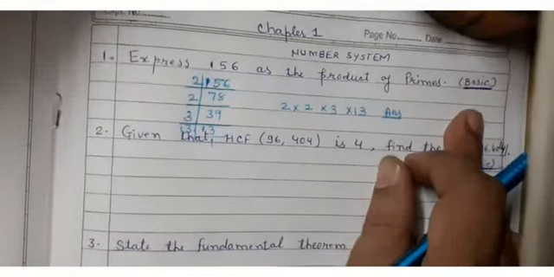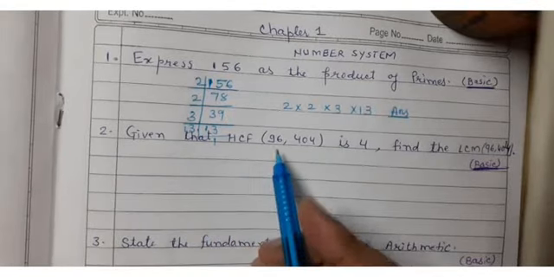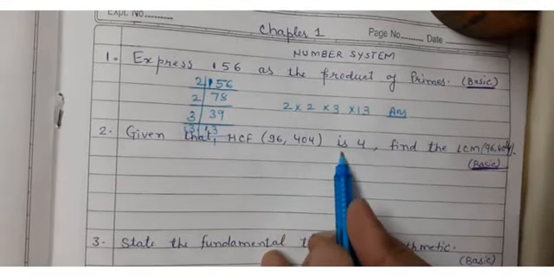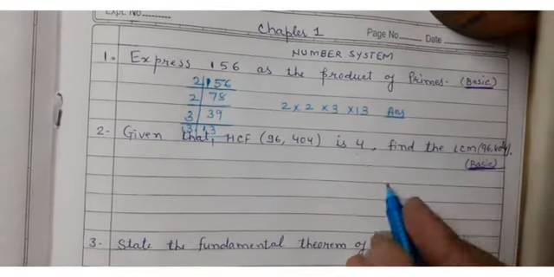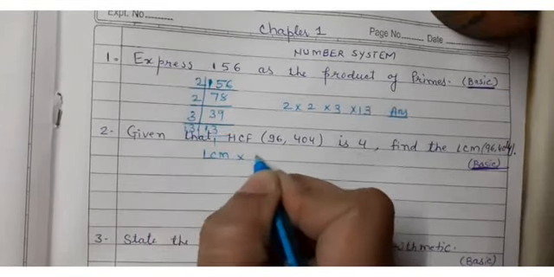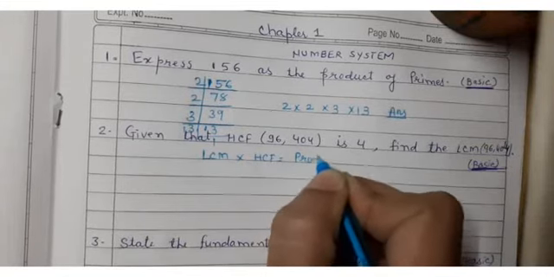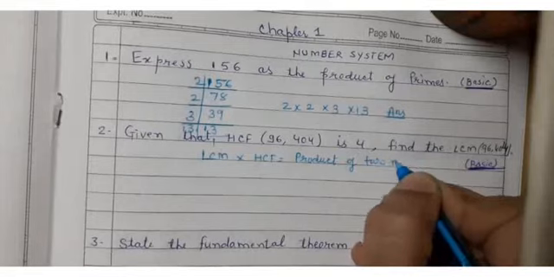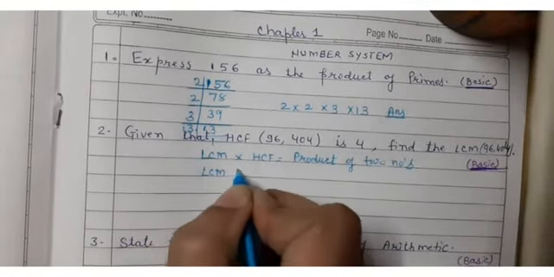Okay, the next one. Given that HCF of these two numbers 96 and 404 is 4, find the LCM of these two numbers. What we know, LCM into HCF is equal to product of two numbers. Okay, LCM you have to find out.